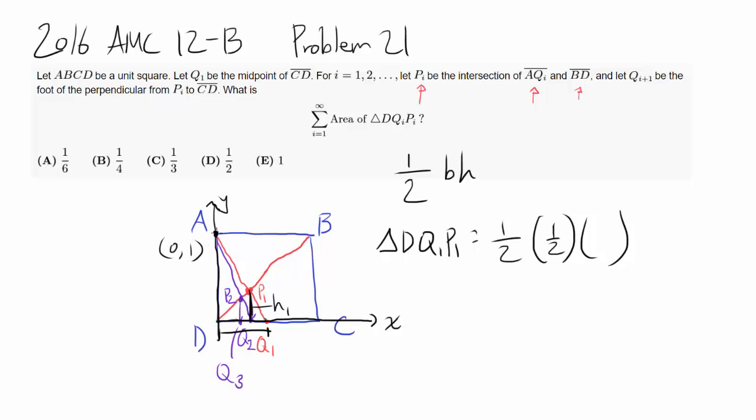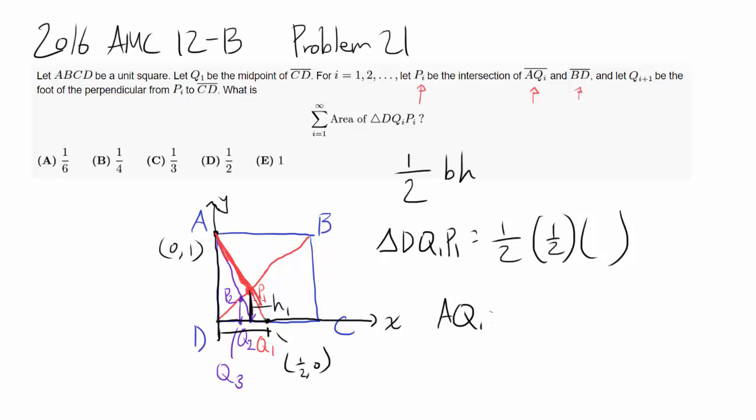So this point is (0, 1), and this point is (1/2, 0). So you know the equation of AQ1. So I'm talking about this line right here.